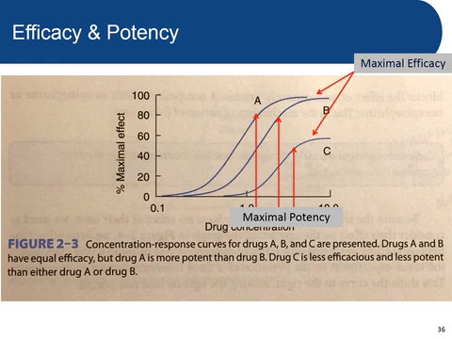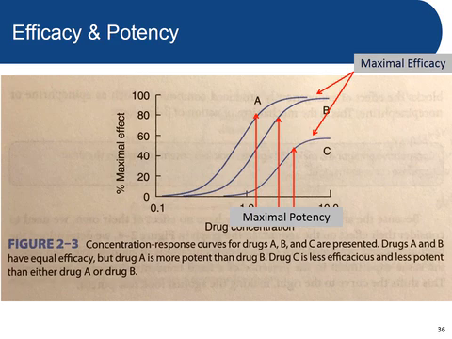So it takes a lower concentration of drug to achieve the same response, for both A and B. We would say that A is more potent than B. If these were opioids, which is generally when we talk about potency, we might say, for example, hydromorphone is more potent than morphine. You're going to need a lower dose of hydromorphone to see the same therapeutic effect that you would see from morphine.